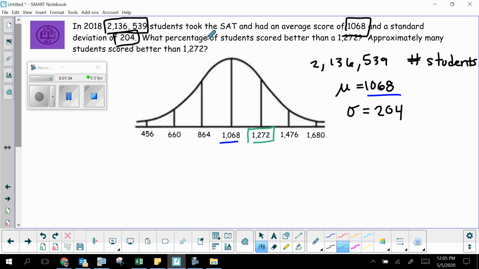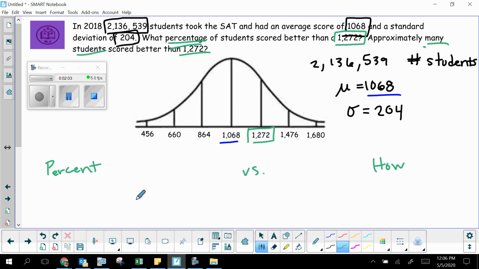What percentage of students scored better than a 1272, and approximately how many students scored better than a 1272? So percent versus how many. What you're going to find out is that to figure out how many, we're going to actually need the percent. So these two things go hand in hand.